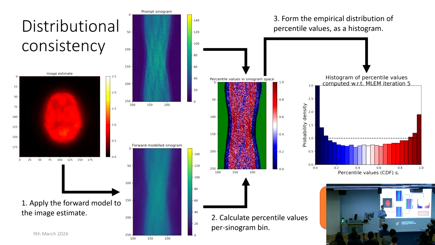What that means, maybe more intuitively, is that if 70% of our measured realizations are appearing to be 70% or less as a percentile, then we're explaining the data equally well as the ground truth. To reiterate, if that histogram is flat, our image estimate is explaining the data as well as the ground truth is.